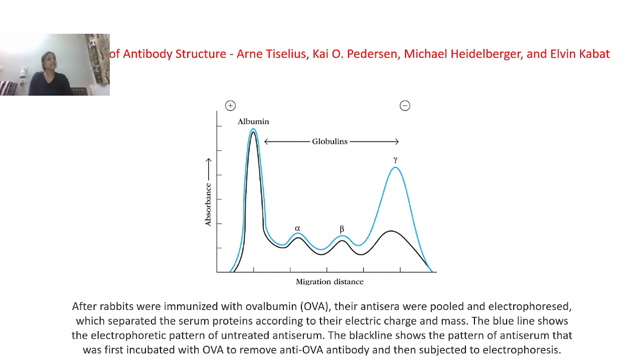After that, they took this fraction and wanted to know about its structure, so they digested the gamma globulin fraction with different enzymes, papain and pepsin. They cleaved it and found out how that particular antibody looked and what the different structures were.